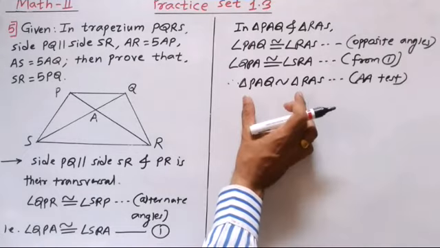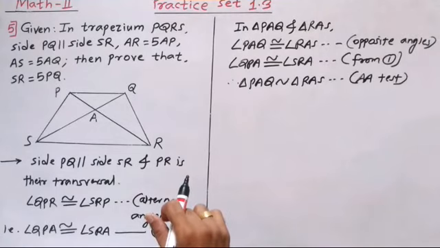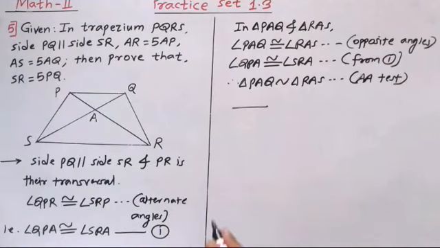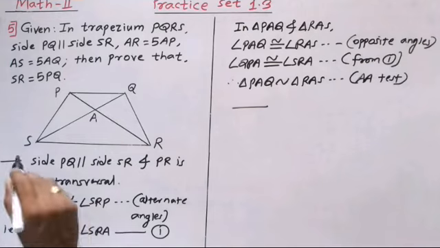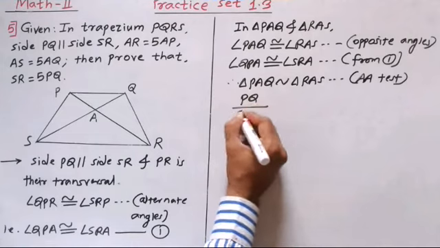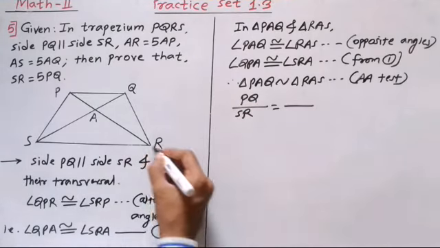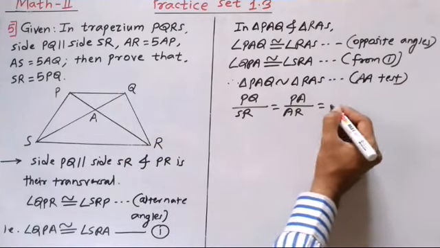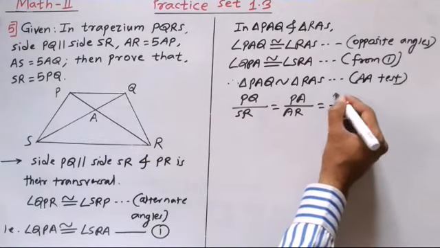Now once you have shown the two triangles similar, you can take their sides in proportion. Let us write the proportionality here. If we take PQ, then the corresponding side of the other triangle is SR. So PQ upon SR is equal to PA upon AR is equal to QA upon AS.